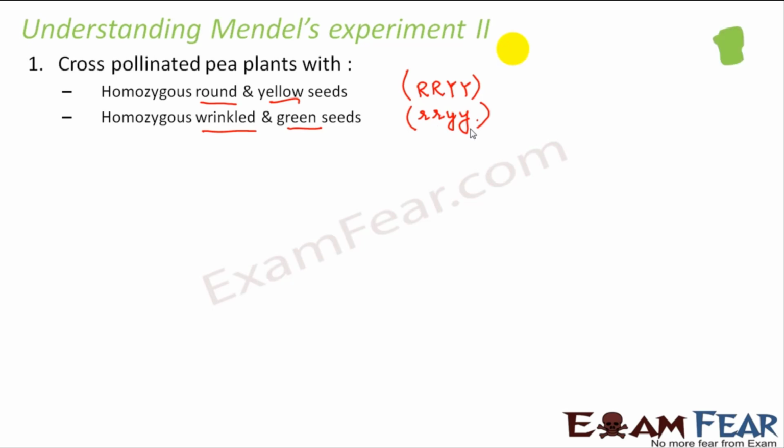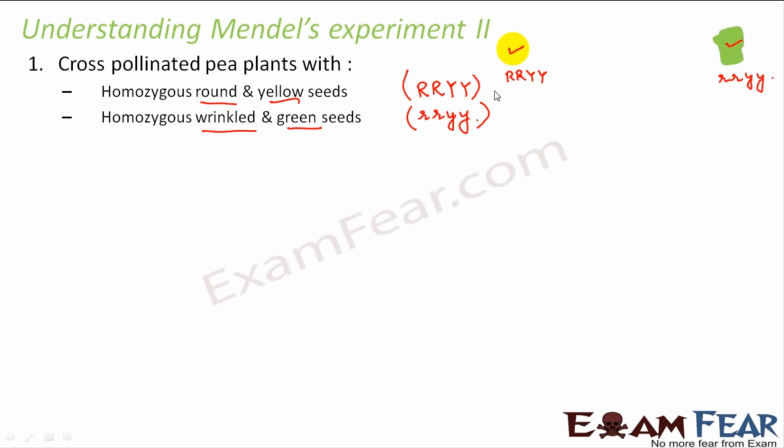He took round yellow seeds and wrinkled green seeds. So this was capital R, capital Y. This was small r, small y. Right? If you see, these consist of alleles. So what is an allele here? RY.